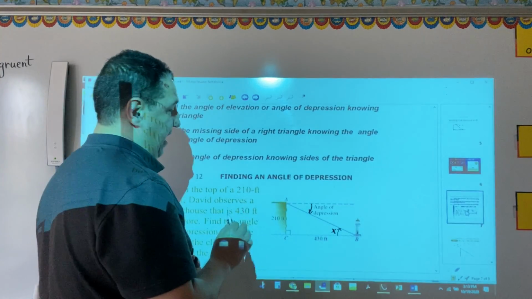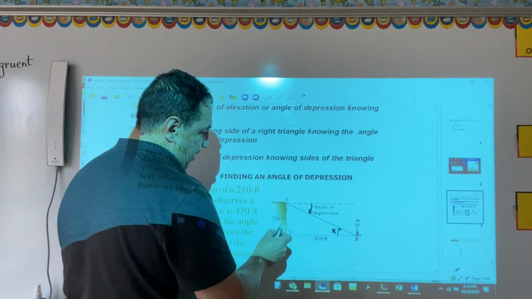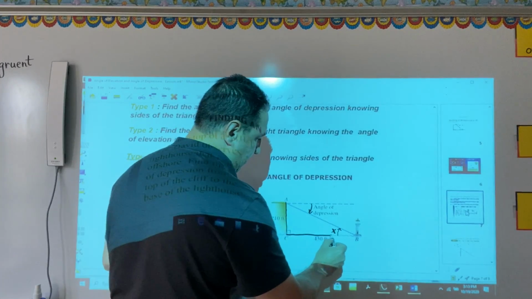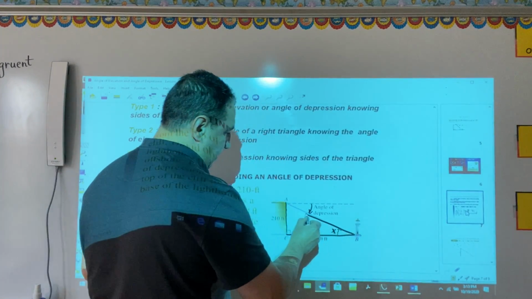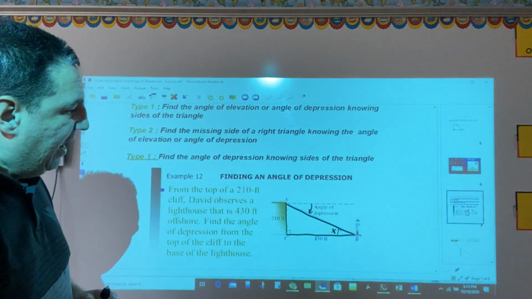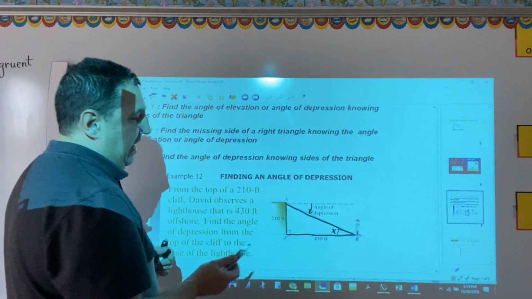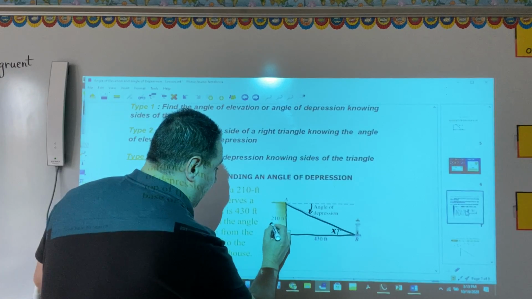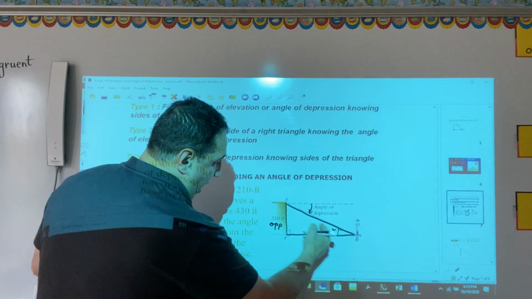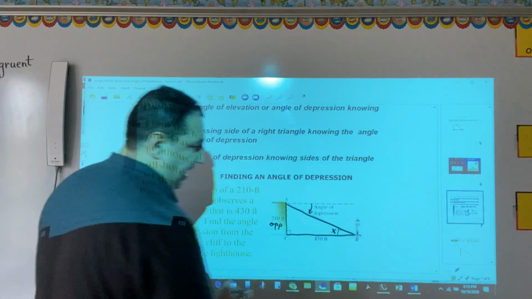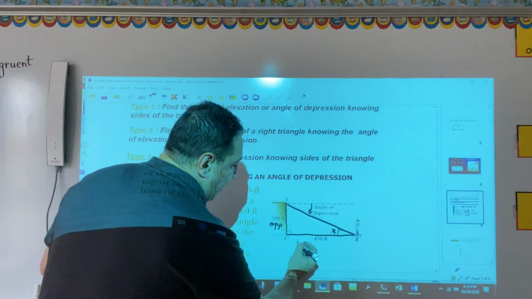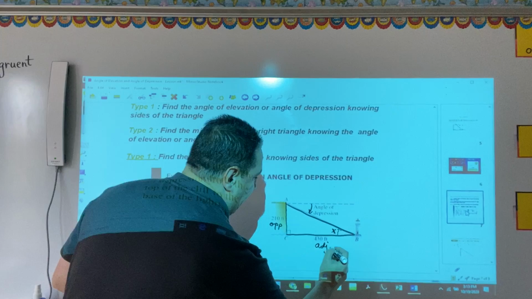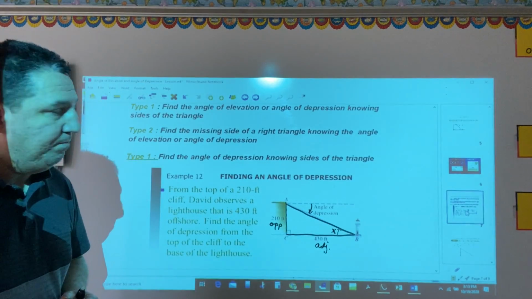How do we find this angle? By looking at this right triangle. Now, what is given? Related to this angle, this side is given, and this side is opposite, across the angle x. And the horizontal side is adjacent, because it's next to the angle.